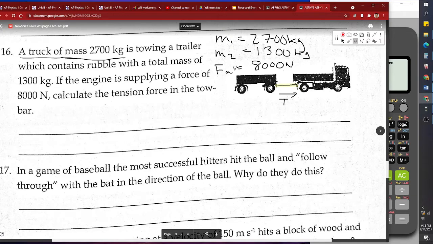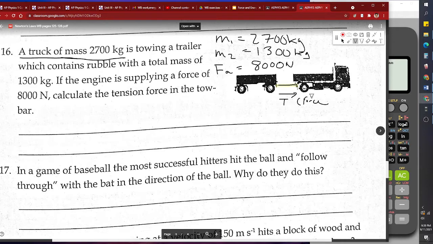What we know so far is that the applied force is for both the truck and the trailer, pulled by the engine. We know the masses of both of them, and the tension is another force in itself.